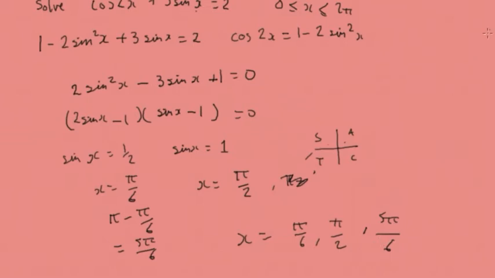Now we're going to do a couple of examples which are a bit more tricky. So we're going to prove that tan 3x is equivalent to 3 tan x minus tan cubed x over 1 minus 3 tan squared x.